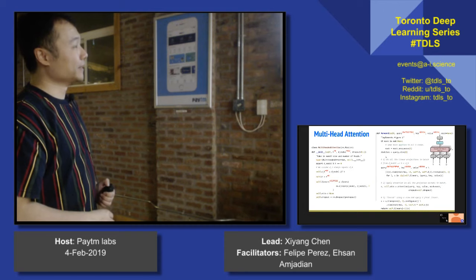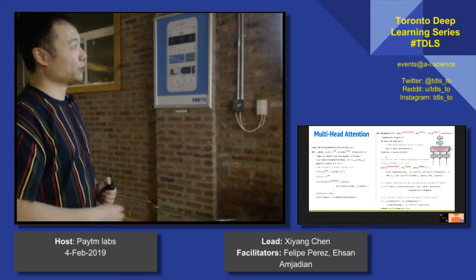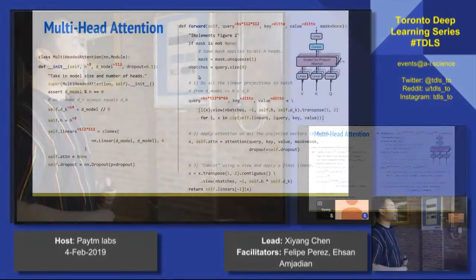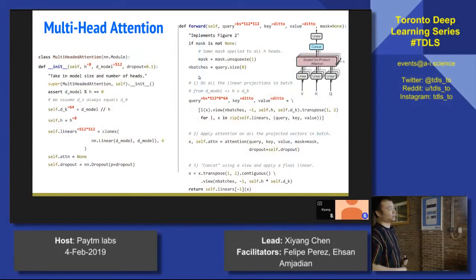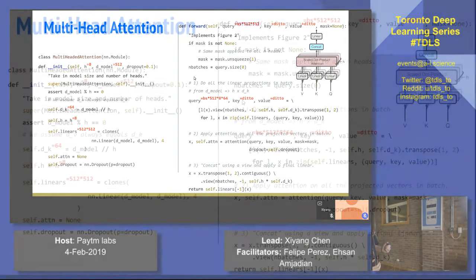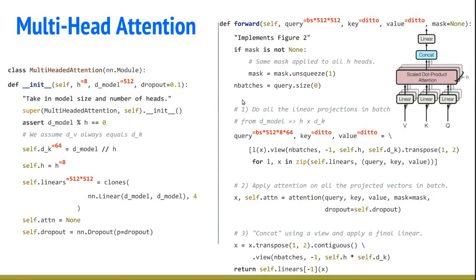In addition to that, there's that small detail: they introduce a linear layer here, probably just to add capacity to the network before they feed that into the scaled dot-product attention. As a software engineer, I don't like this code because it's clever, but it's not clear. The way you do that is you have a bunch of linears and you clone them 4 times. So where does the 4 come from?